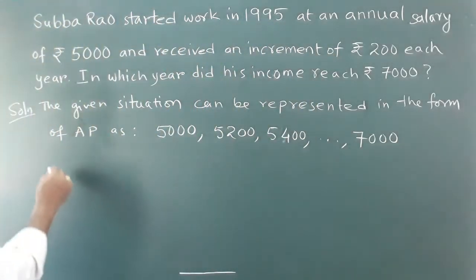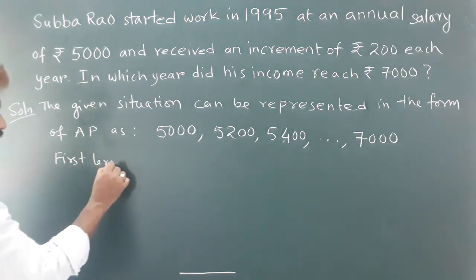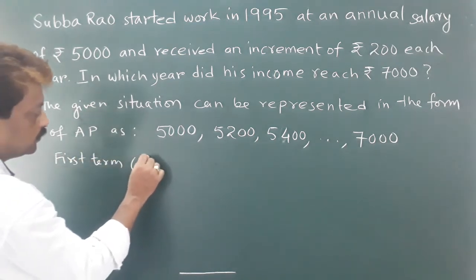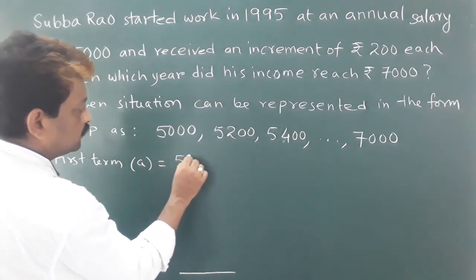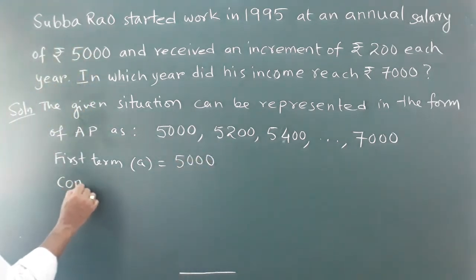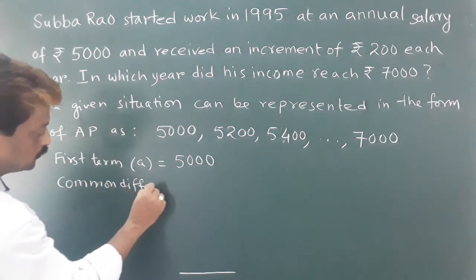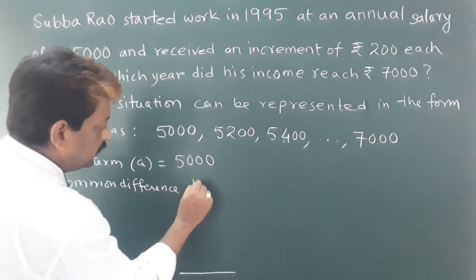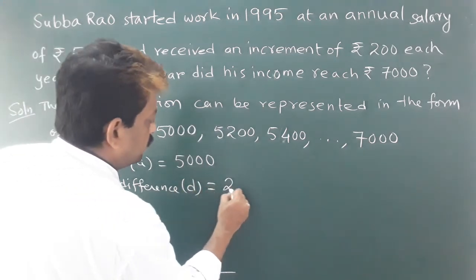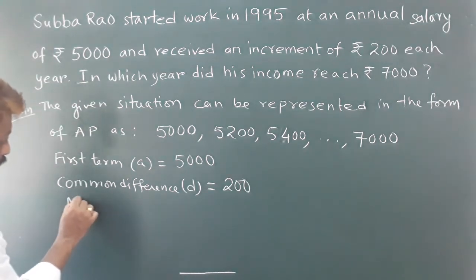Okay, so here the first term a is 5,000. The common difference d is equal to 200, and the number of terms n we don't know.